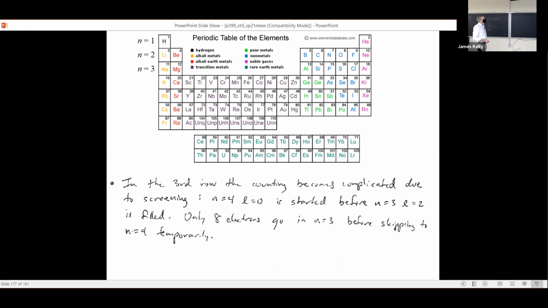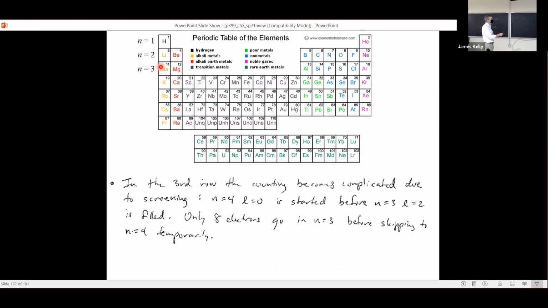Unfortunately, once you get to the third row, things become more complicated because we're ignoring those electron-electron interactions, and so our energies aren't quite right here. The hand-waving argument, again, is due to thinking about screening effects. It turns out that before you fill up the n equals 3 row, you jump down and fill up the n equals 4 row.